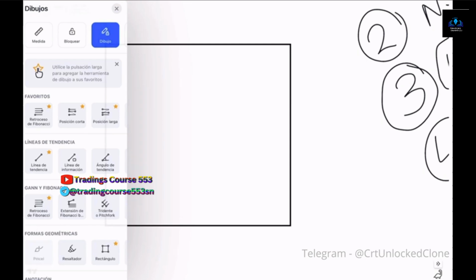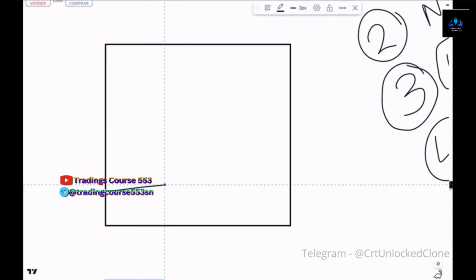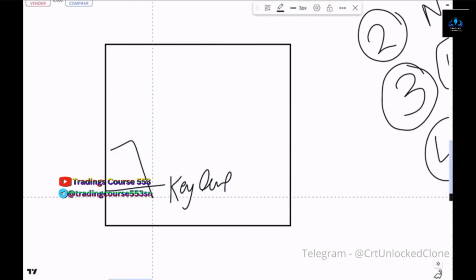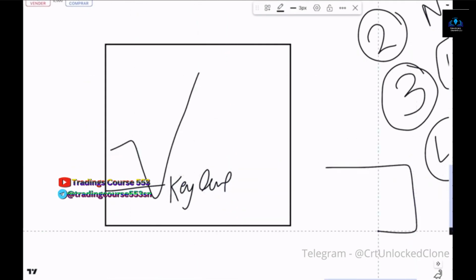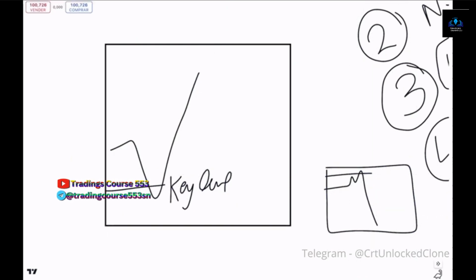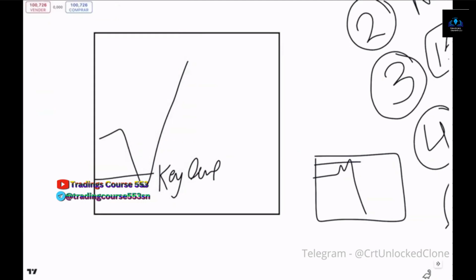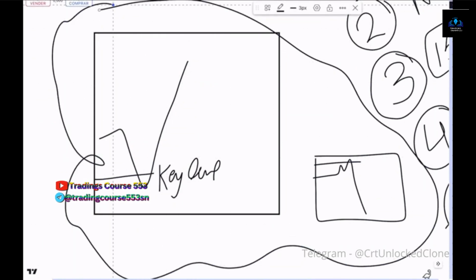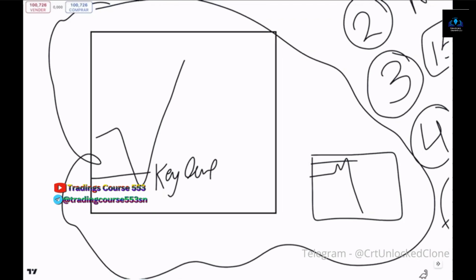Don't forget, it's open, key level, and rally when you're bullish, and open, key level, and dump when you're bearish, and that's it. This is all we're doing. If you take this away from the entire course, then I'm good. I've done my job. Though there's a lot more, but if you're being lazy, then this is all you need. When you're bullish, key level, rally. When you're bearish, key level, dump.